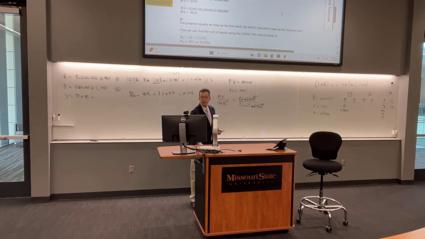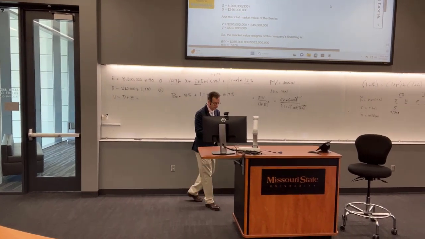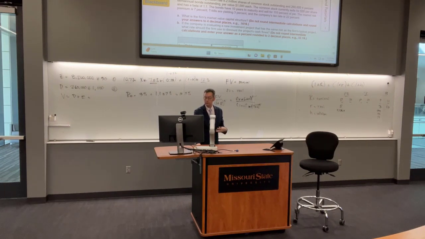Now we're going to figure out the cost of that debt, and the way we're going to do that is through the yield to maturity. So we're going to say clear second, clear TVM. 1,000 for face value. They're selling for 110% of par, so 1,100, negative present value.